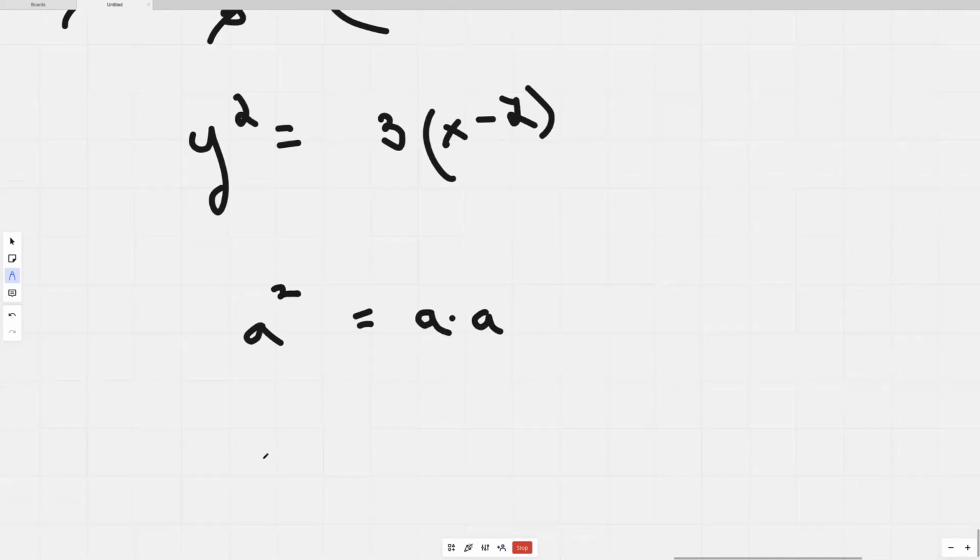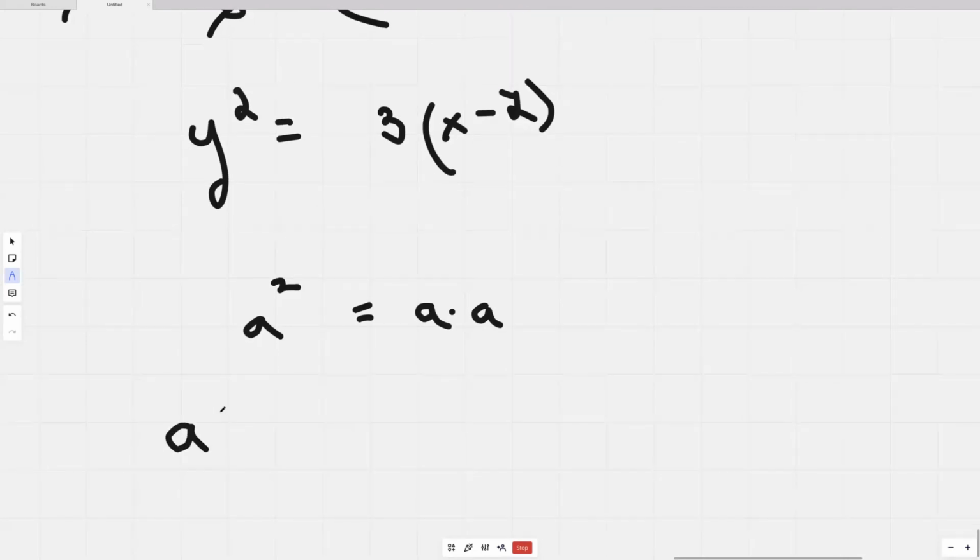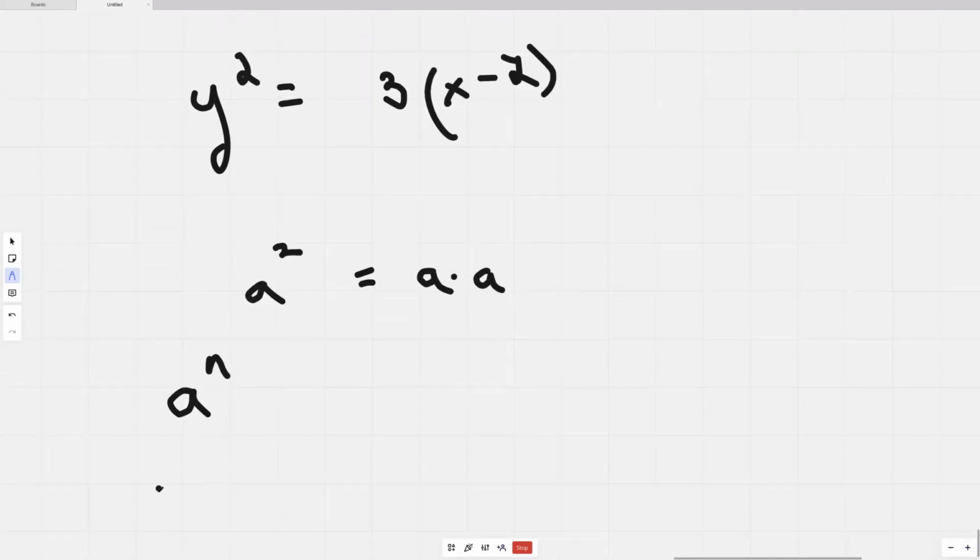So we have one basic rule: if n is an even number, you know the even numbers, right? 2, 4, 6, 8, like this.